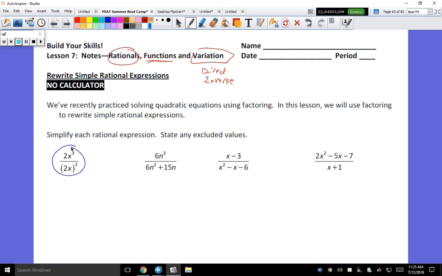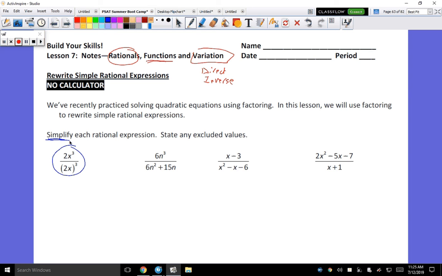So what we're going to do is simplify each rational expression and state any excluded values. So looking at this, what's the answer if I simplified that? Not as easy to recognize, right?